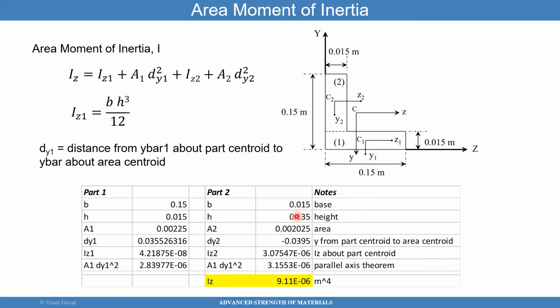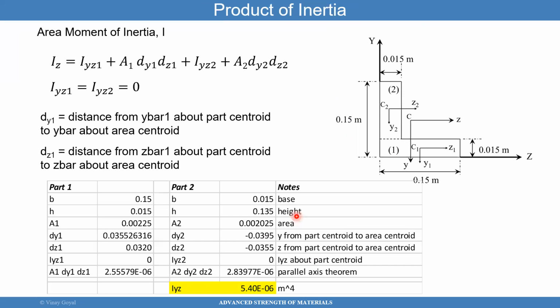What about the product moment of inertia? For the product moment of inertia, that's very simple, because for a symmetric cross section like this one and like this one here, the product moment of inertia is 0. So those two are 0. The areas for part 1 and part 2 are known.